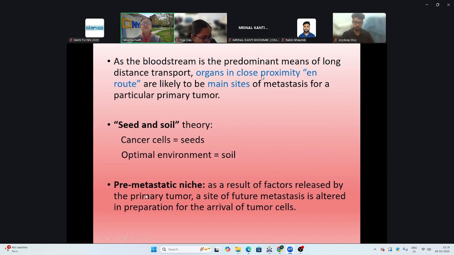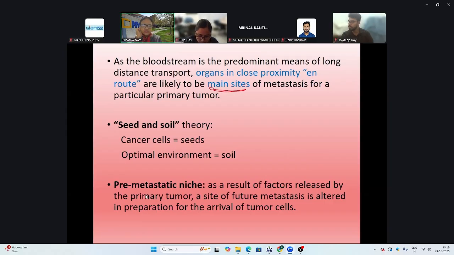The bloodstream, the blood flow, is the major means of long distance transport. So not really the lymph, but the blood being the first and ideal way to transport. So all those organs that are on the road, the ones near the highway, are going to be typically the main sites.